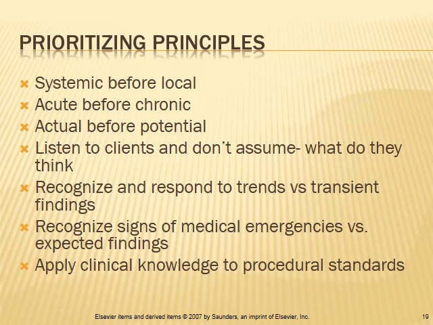So responding to trends versus just a single finding. Change in level of consciousness is an example that's given, recognizing that versus a transient finding. Recognizing signs of a medical emergency versus expected findings.